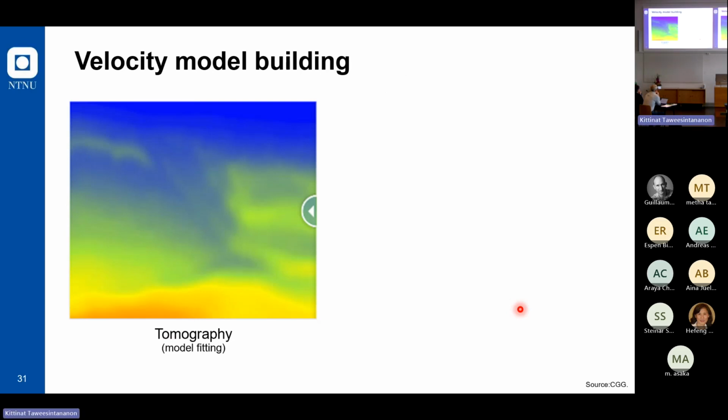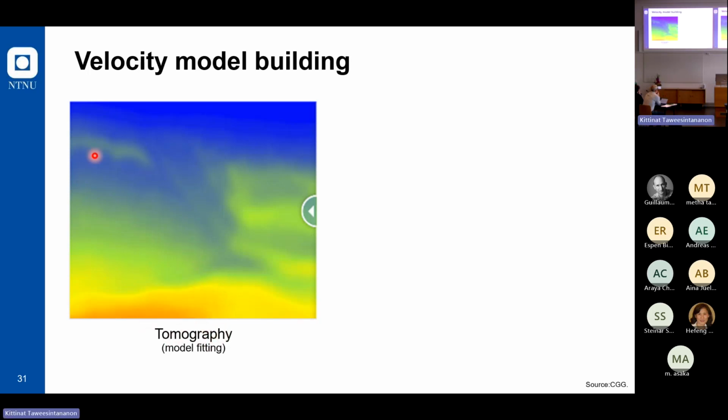So the third one is about velocity modeling. The final goal is to automate the velocity model building process. This shows you some results of travel time tomography. This is a model fitting method.